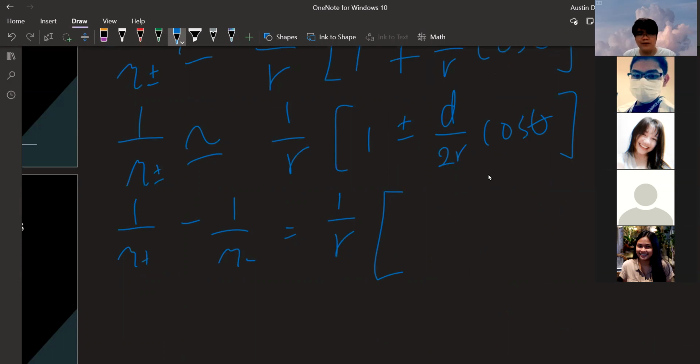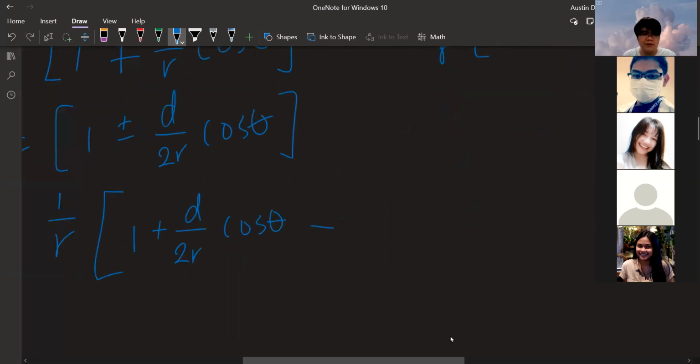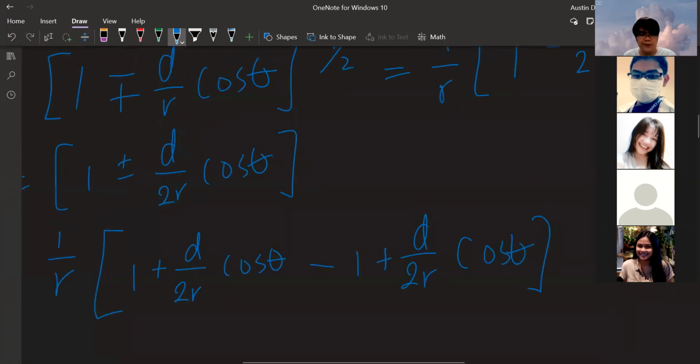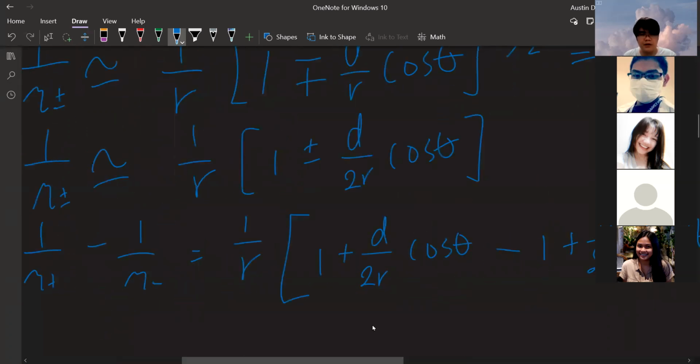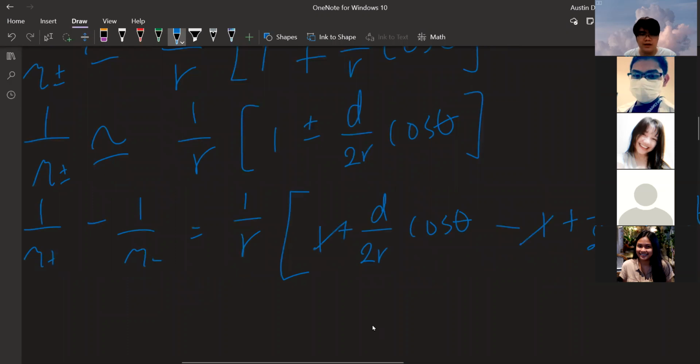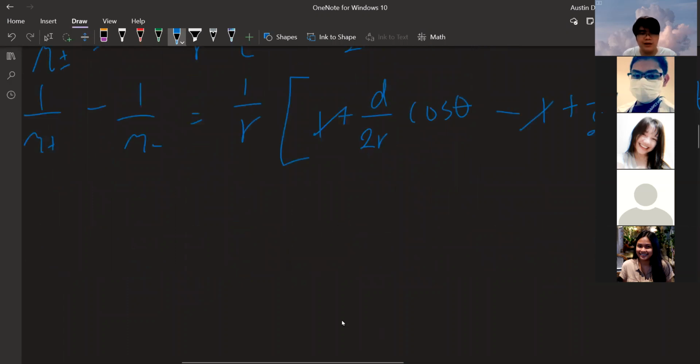Nice. 1 plus D over 2R cosine theta minus 1 tapos minus minus, so this is plus D over 2R cosine theta, and I'm left with, cancel mo na yung mga 1, matitira na lang ay D cosine theta over R squared. Okay, 1/2 plus 1/2, that is 1.